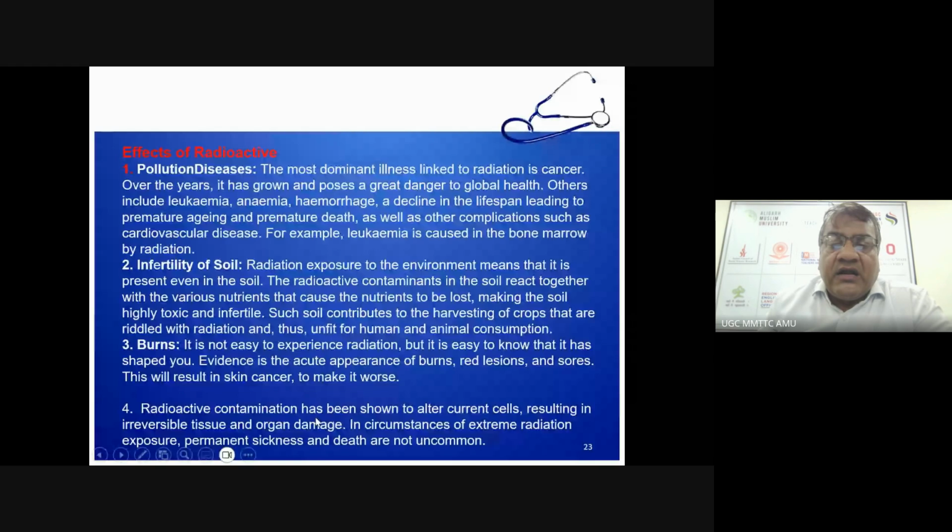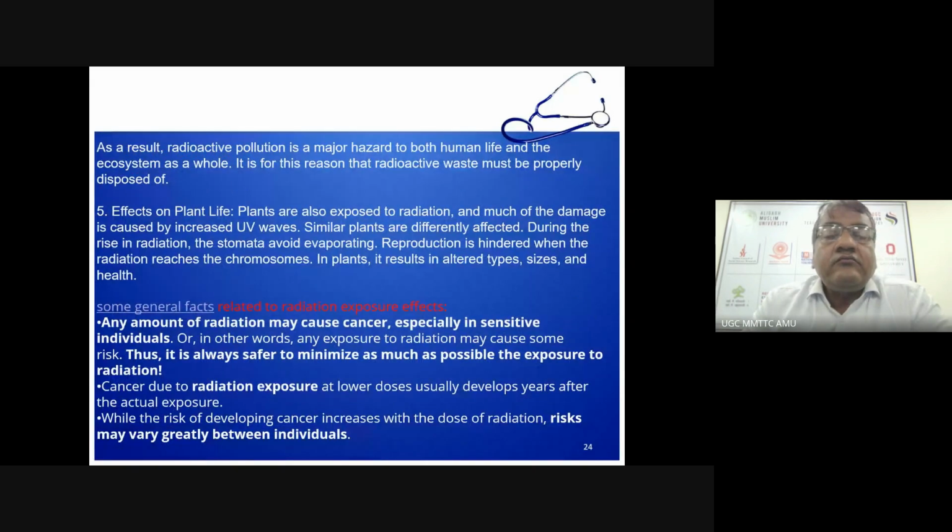If you are in a continuous exposure range, then chronic illnesses and death are the common result. As a result, radioactive pollution is a major hazard to both human life and the ecosystem as a whole. It is for this reason that radioactive waste must be properly disposed of.